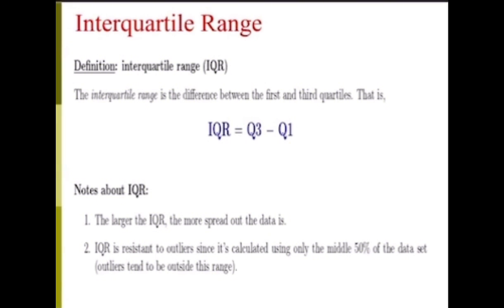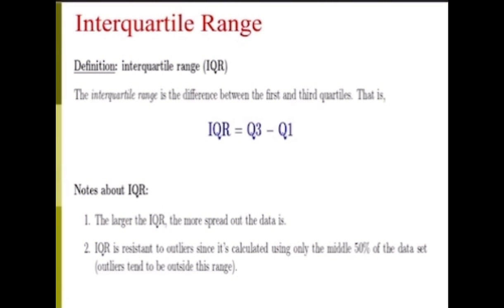But do you know the issue with the range? The issue with the range is when an outlier is present in a data set, you can't trust your range. When an outlier is present in a data set, your range as a measure of spread cannot be trusted because range is sensitive to outliers.